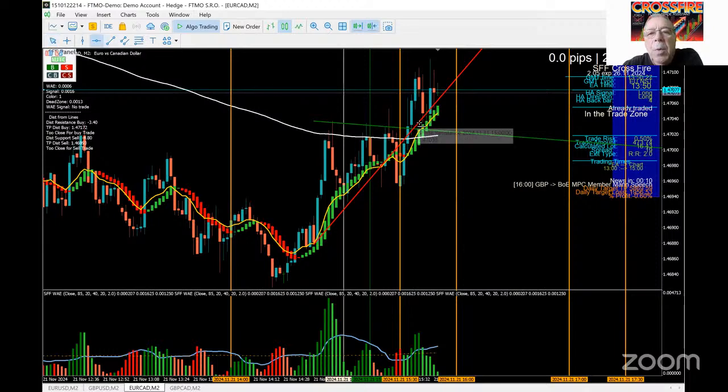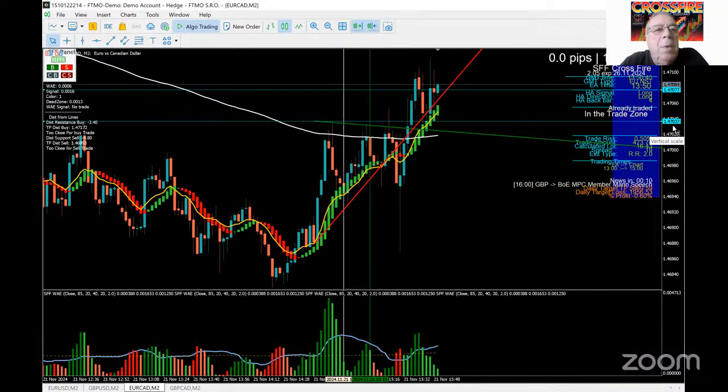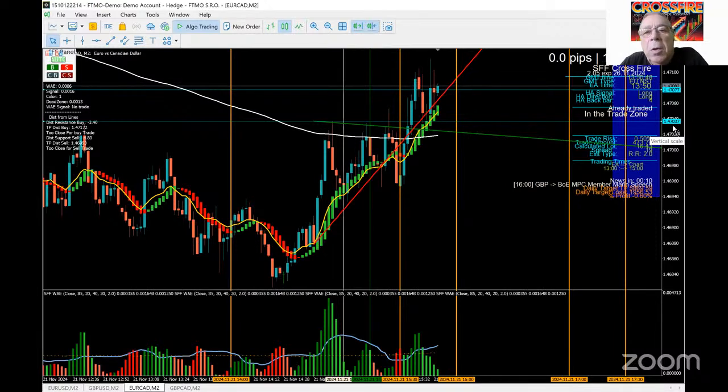Took me out at the bottom of that wick there. And if I look at the numbers on my right-hand panel, it's 4708, I'll call that, and that's 4704. My stop loss was just 4 pips, and it's just taken me out.